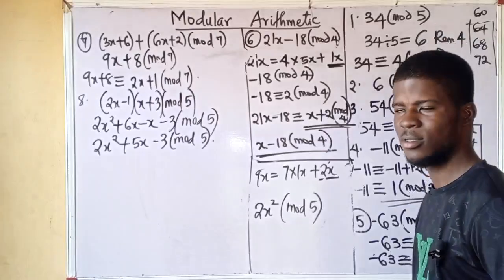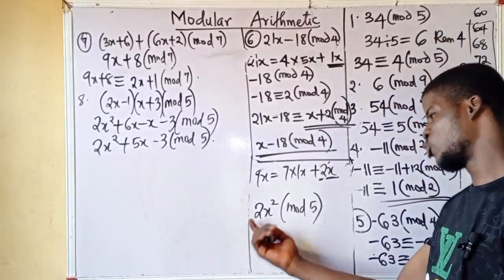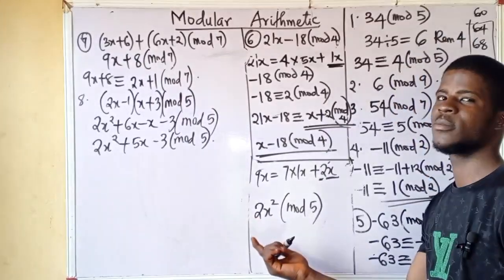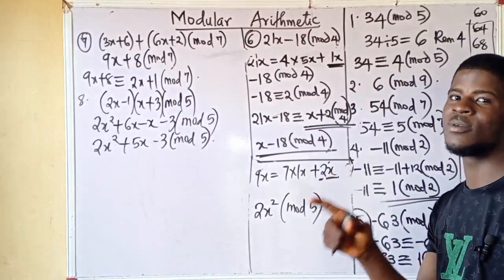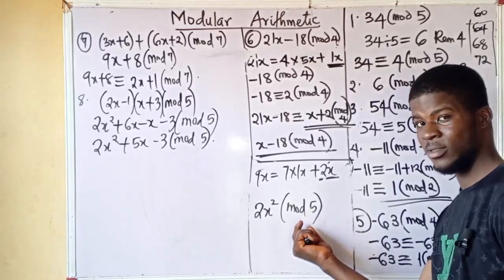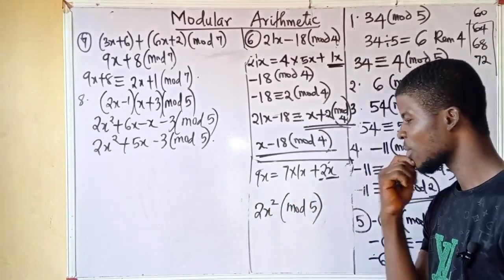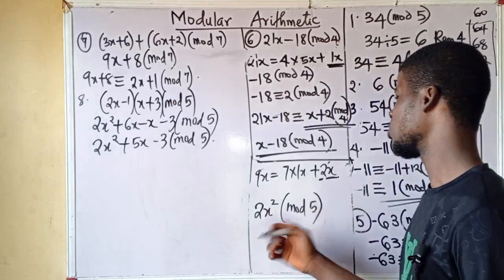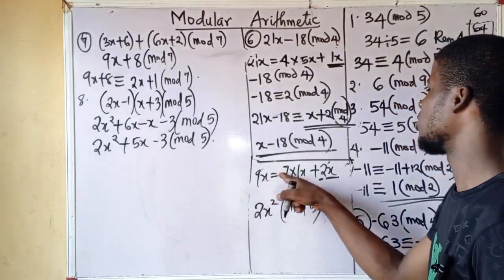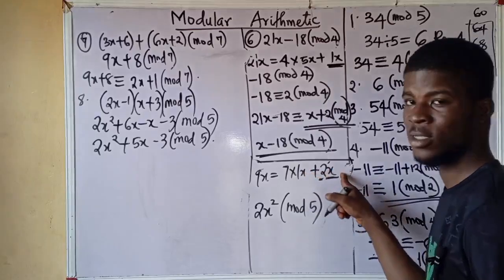Yes, it is. The reason is simply because 2 is a value under modulo 5. After all, it is impossible to say, just like we said, 9x is equal to 7 times 1x plus 2x.